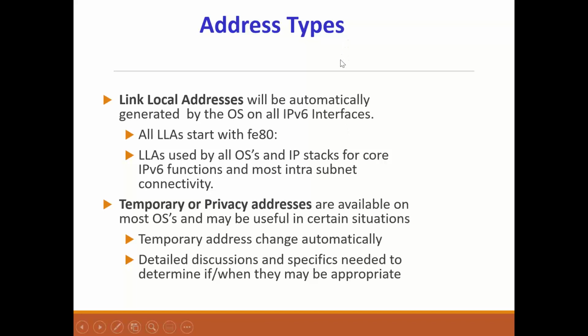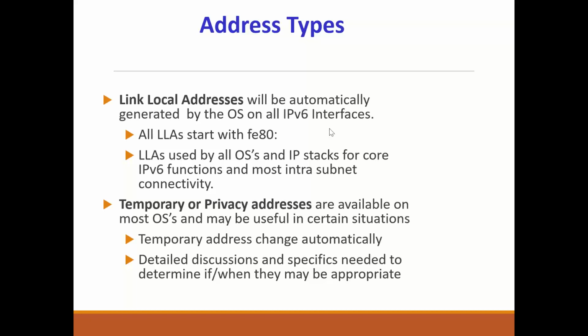And then your GUA addresses can also have a special spin on them called temporary or privacy addresses, which change all the time. Nalini, I think you addressed this in previous sessions. It's beyond the scope of this presentation, but there are some security implications to that that may be important to you or may not.